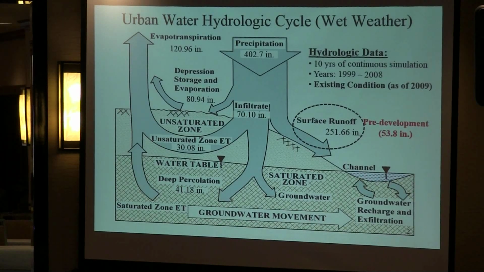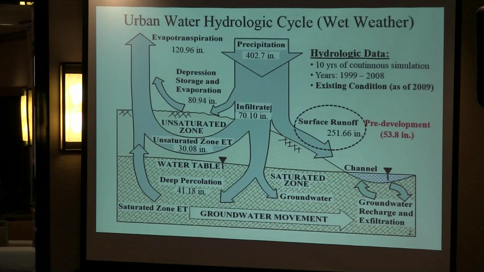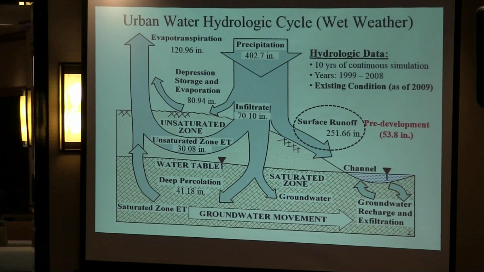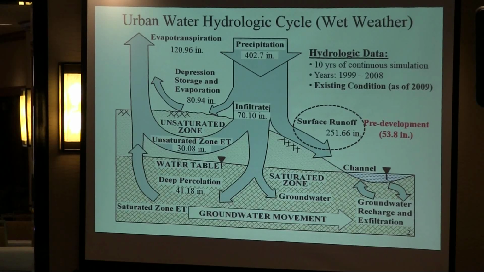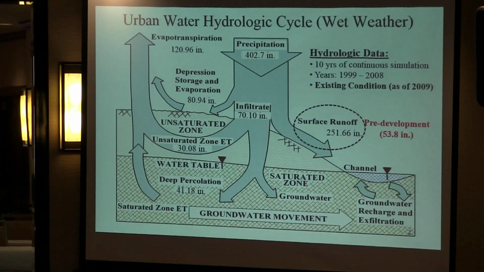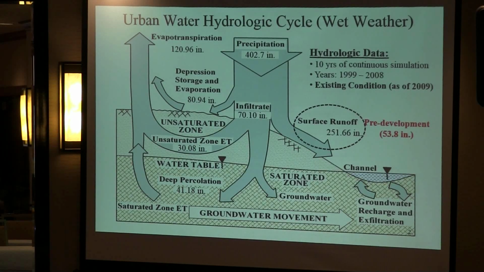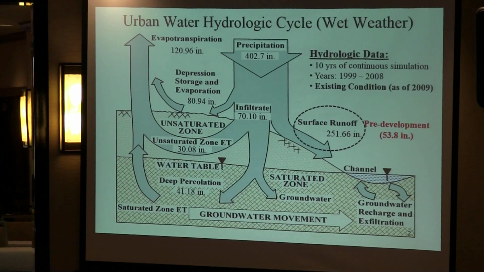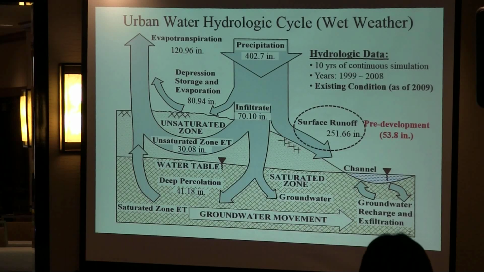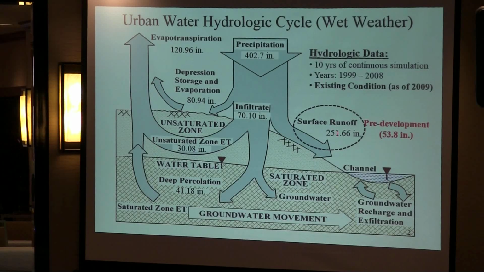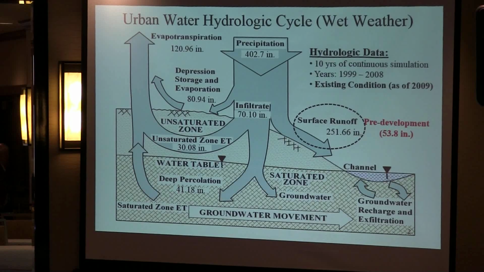During wet weather events, we have constructed an environment that is largely paved. As a result, we have completely changed the relationship between rainfall and runoff. What I want to focus on is the surface precipitation over a 10-year period compared to the pre-development condition: 252 inches of surface runoff as compared to 54 inches.